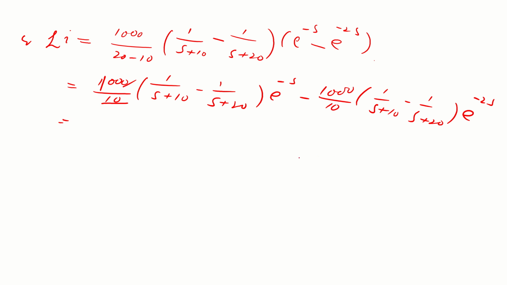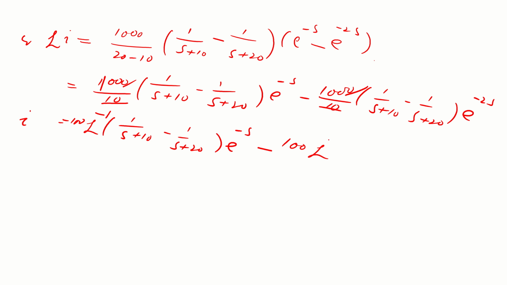So we need to find I, that will give you Laplace inverse of 100 times 1 over (s plus 10)(s plus 20) e power minus s, minus 100 Laplace inverse of 1 over (s plus 10)(s plus 20) e power minus 2s.